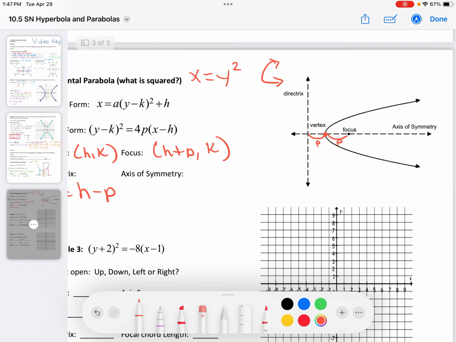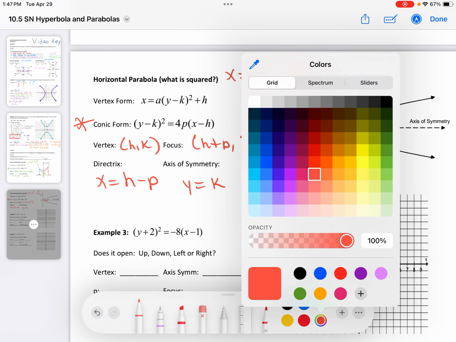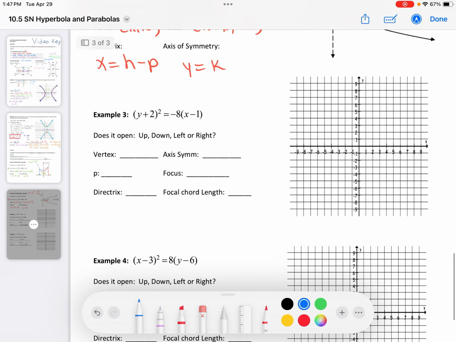Then our axis of symmetry on this type is a horizontal line. That's y equals. It has to go through the vertex. So its y coordinate, k, has to be the axis of symmetry, y equals k. And there is how we do a parabola.